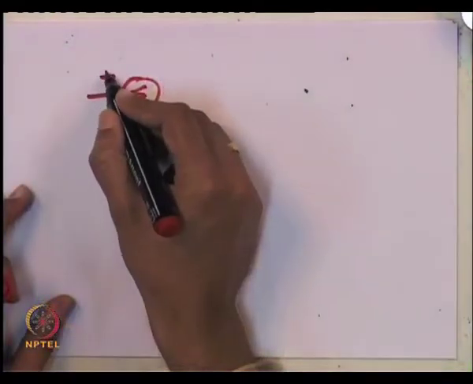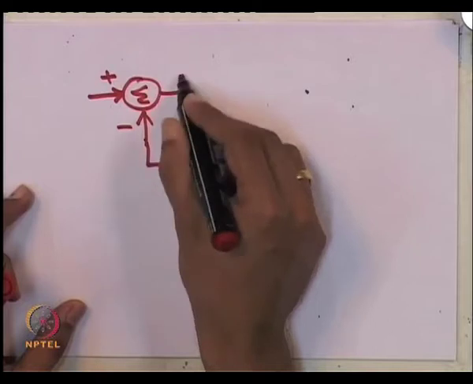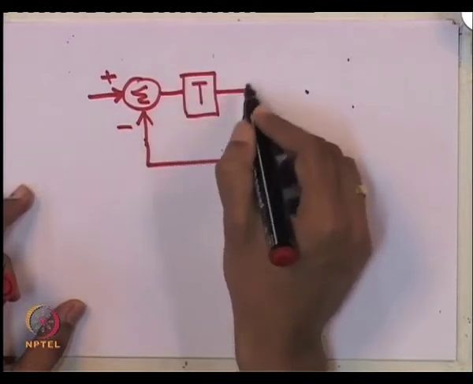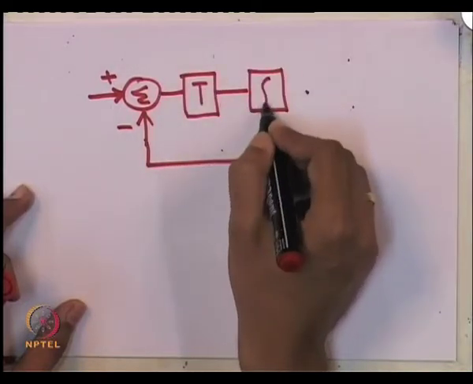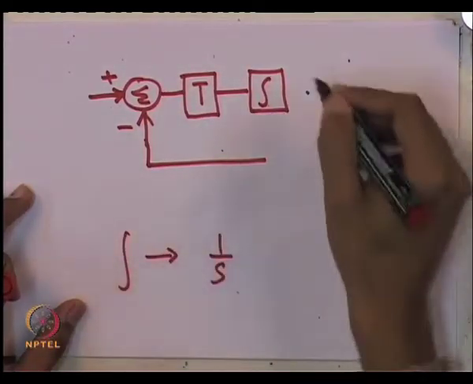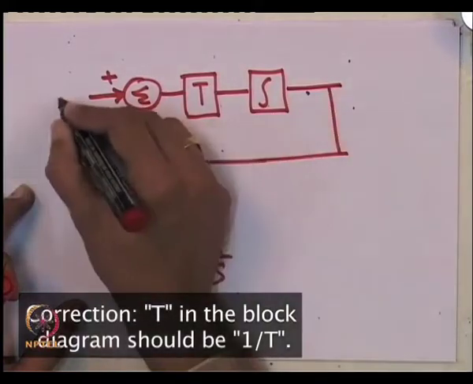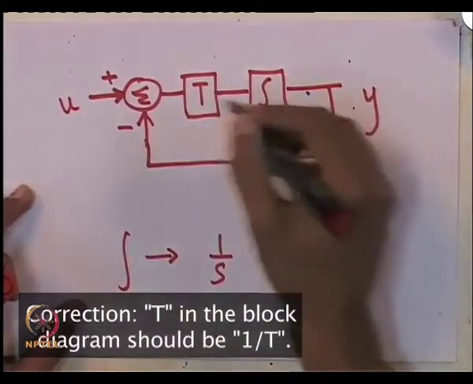It is quite simple. If you look at this, it is simply what it was before. The only thing is, this is an integrator. An integrator in the Laplace domain is represented by 1 upon s. So, this is u, this is y.